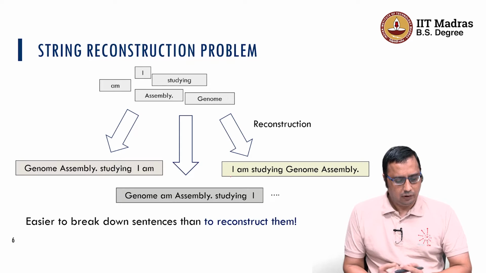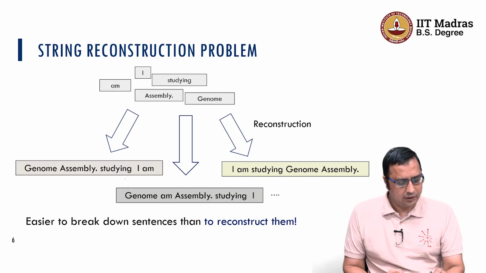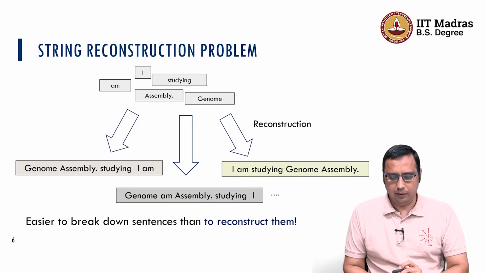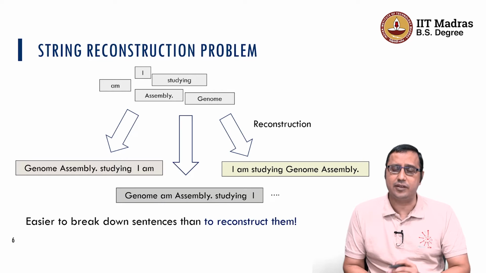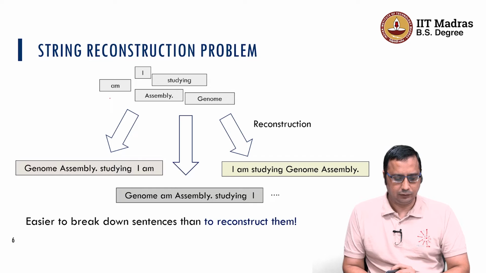However, for one who did not study English, it is possible to make the sentence genome assembly studying I am, or genome I assembly, genome am assembly studying I, etc. So we can construct several sentences, of course in this case finite sentences, from this set of strings.